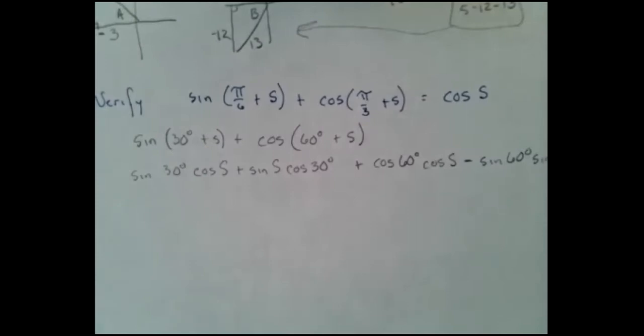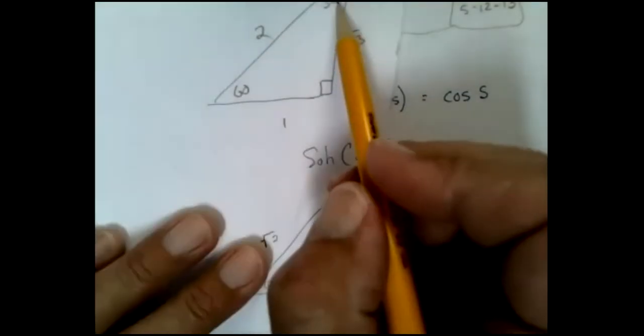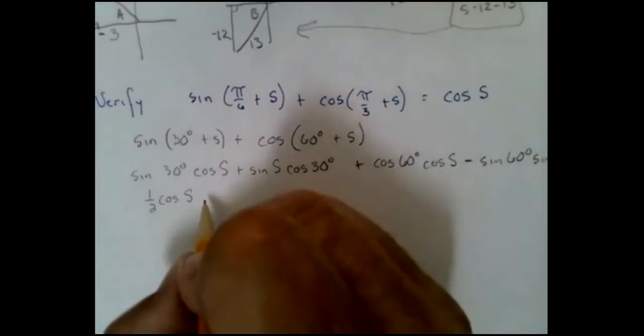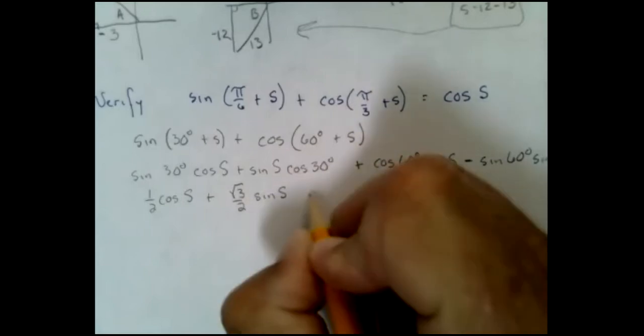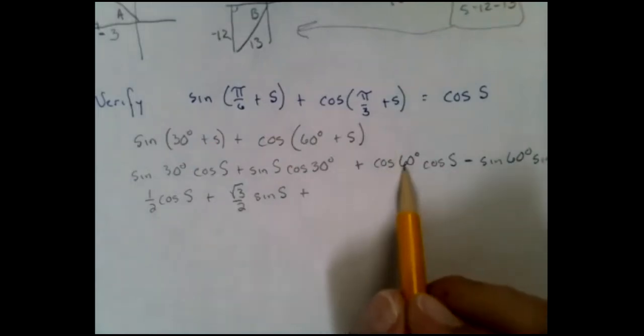Oh, where's that thought? Oh, I just tore that paper up and now I need it. I need the sine of 30. Sine of 30 is 1/2. So this becomes 1/2 the cosine of S, plus cosine of 30. Well, that's the square root of 3 over 2 sine of S. The cosine of 60.